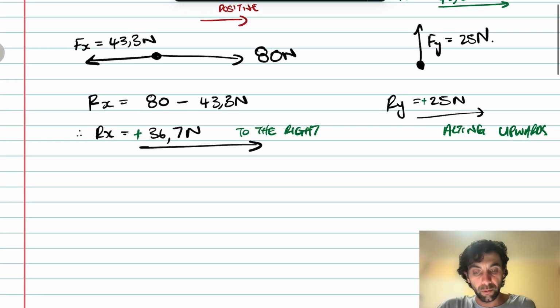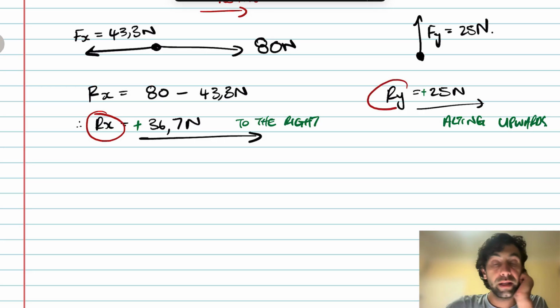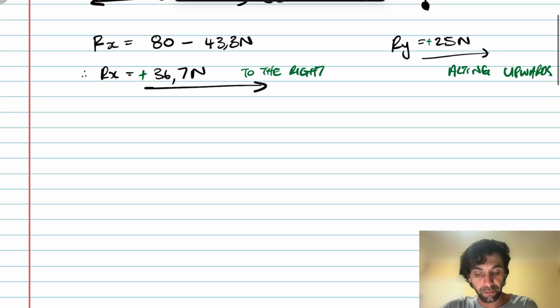so why do I call it Rx and Ry? Well, again, we're trying to find the resultant force. So these are the resultant components of our final force, if you want to think of it that way.